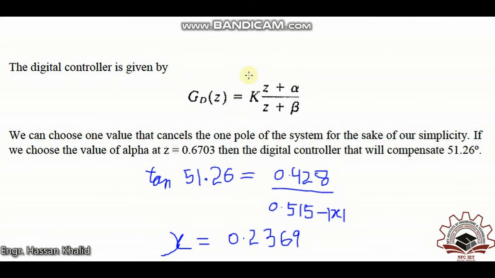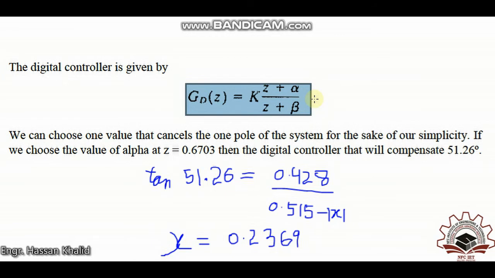Now in root locus, generally we define our digital controller in the form of G_D(z) equal to K, which is the proportional gain, multiplied by (z plus alpha) divided by (z plus beta). That means the controller has 1 zero at z equals minus alpha and 1 pole at z equals minus beta.